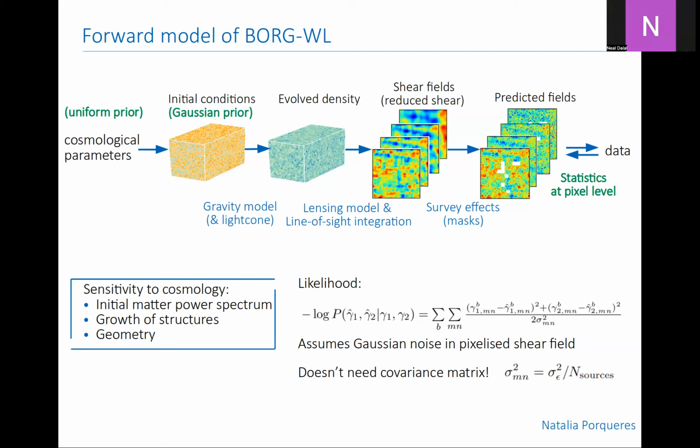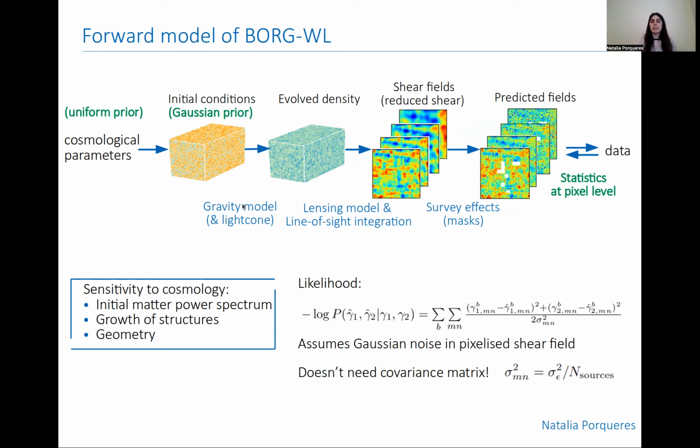Now in practice, this is not 100% true, because we have intrinsic alignments that will introduce some correlation between the pixels. But instead of modeling the intrinsic alignments as a noise term, we actually model them as part of the forward model. So I will come to that later in the talk. We are going to introduce this as part of the signal.